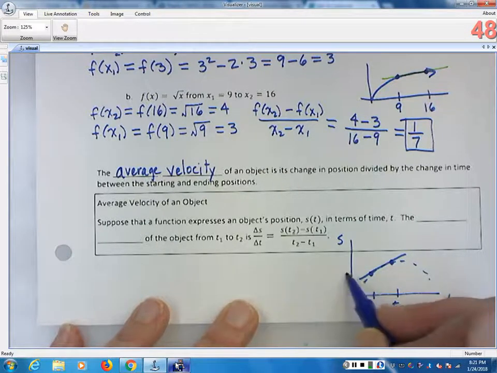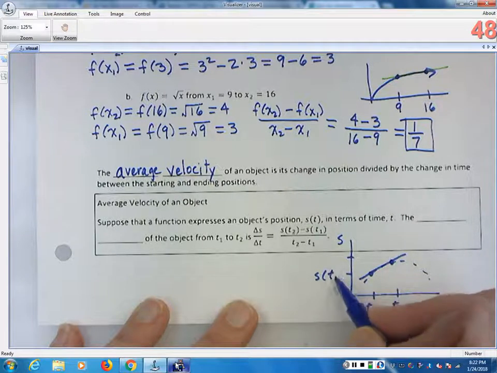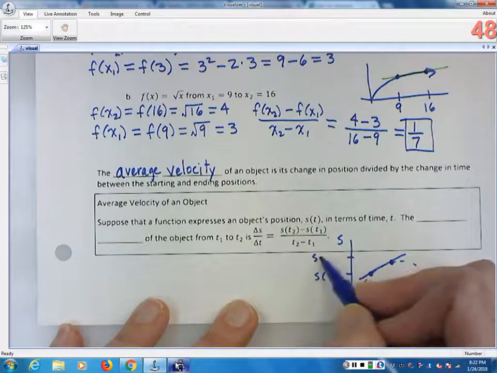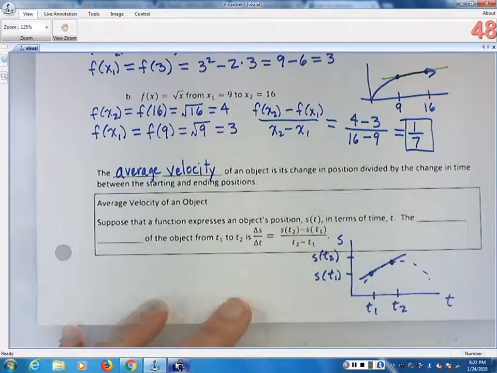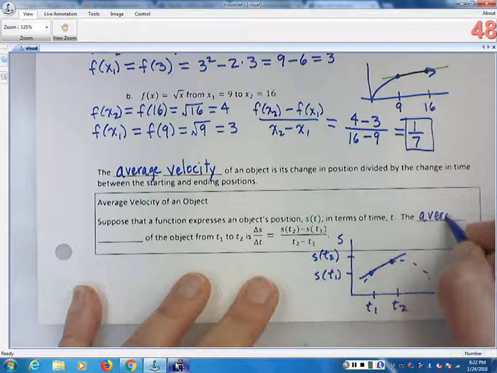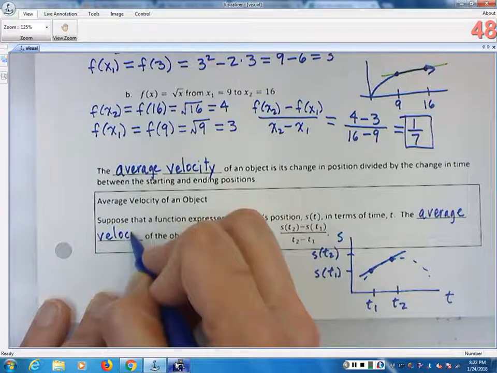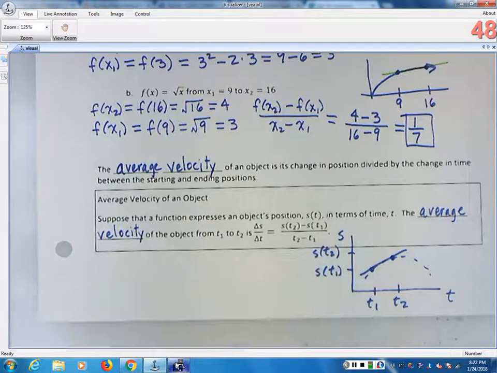And it's using function notation, s of t1 and s of t2. Okay, so same thing, it's the average velocity. But I think there are some MyStatLab questions on it, but I'm not testing you on that. And that is it.